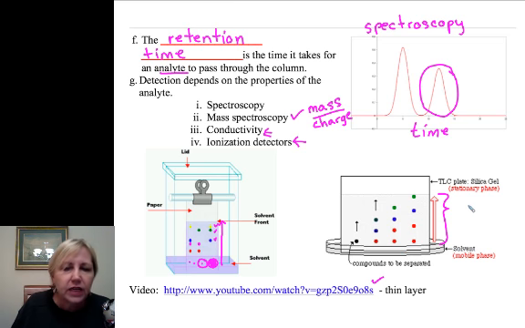Now, thin layer is a similar process, but instead of using paper, it's going to use some sort of plate with a silica gel on it, a little bit more expensive, a little bit more accurate. So you have a solvent or mobile phase. The plate is your stationary phase. You put your sample here, and as it moves up, so this might show kind of a time-lapsed example here, as the solvent moves up, it gets separated.